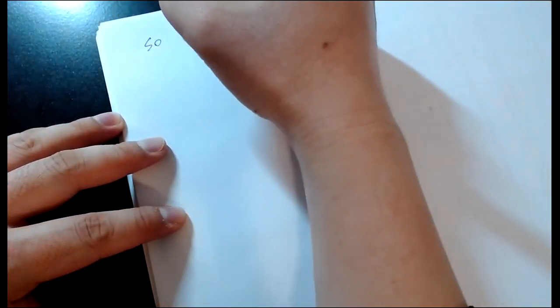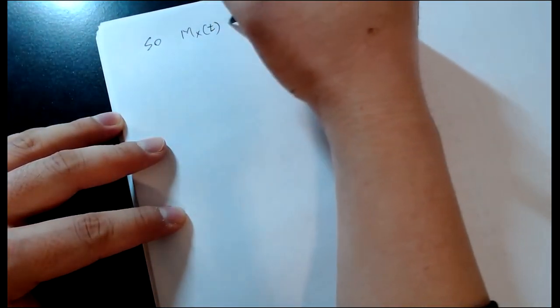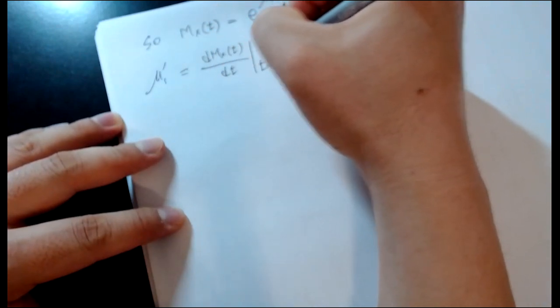Okay, so now we got this: M_X of t is equal to e to the mu t plus sigma square and then t square over 2, right? Okay, now then mu1 prime is equal to dM_X(t) over dt at t equals 0, right?